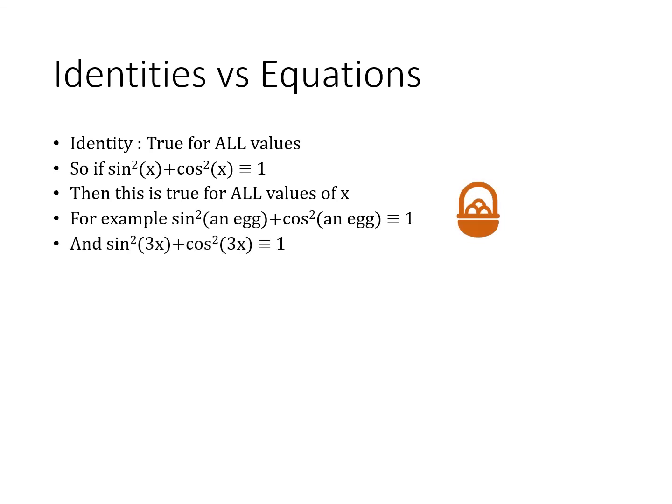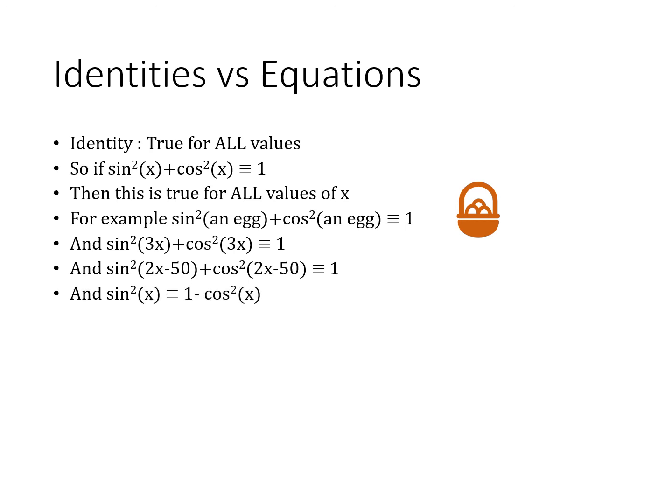Sine squared of 3x plus cos squared of 3x will be the same as 1. Whatever we put into those two brackets, it's going to be the same as 1. So we can put 2x minus 50 in both the brackets. That's absolutely fine, and it will still be equal to 1. We can also turn this identity round, so we can say that sine squared x is the same as 1 minus cos squared x.